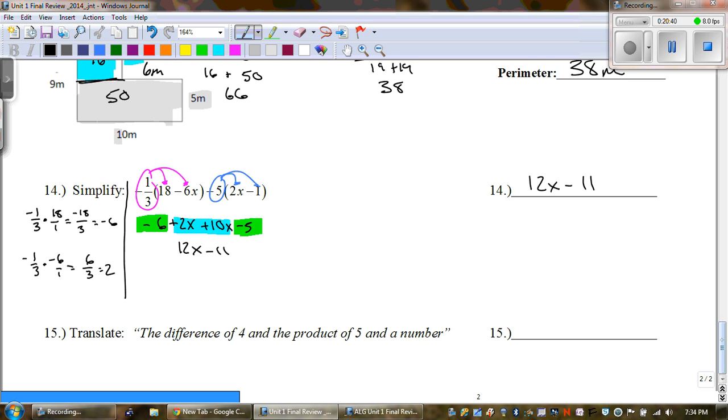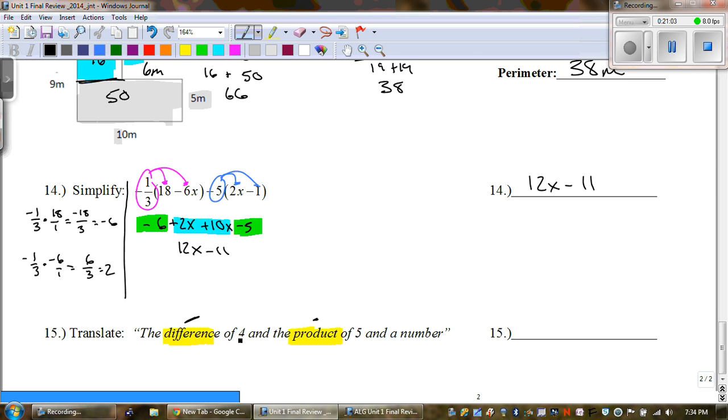Okay. Last one, number 15, says to translate. It says the difference of 4 and the product of 5 and a number. So let's look at some keywords right here. Okay. Difference and product. Difference is subtraction, product is multiplication.